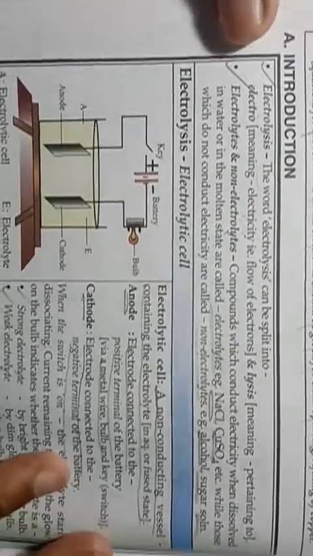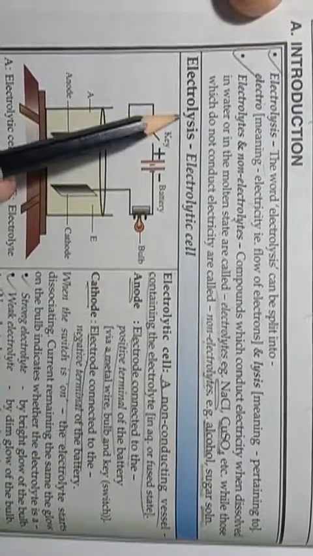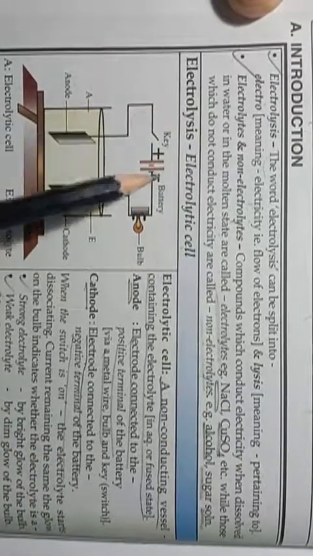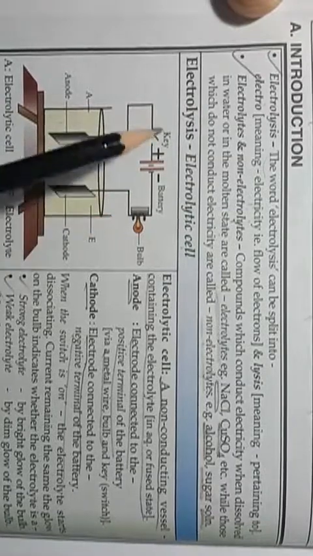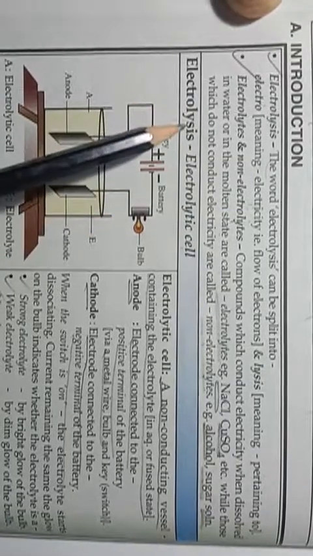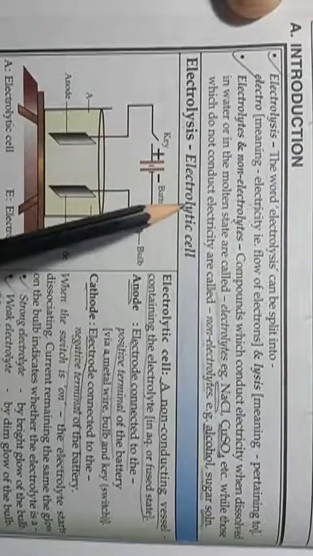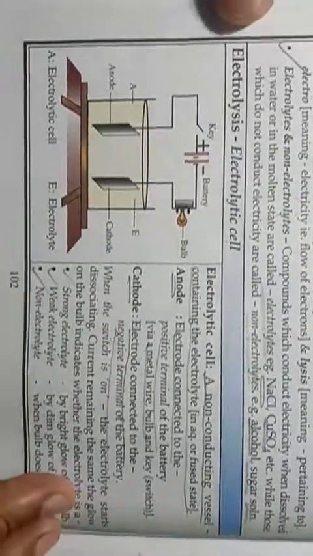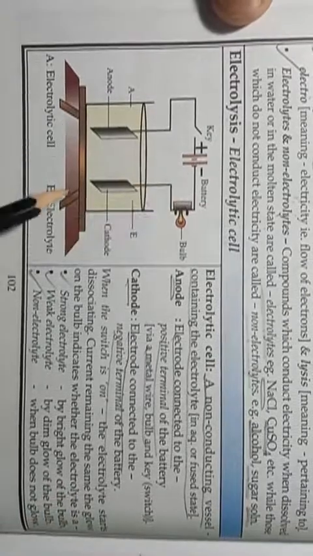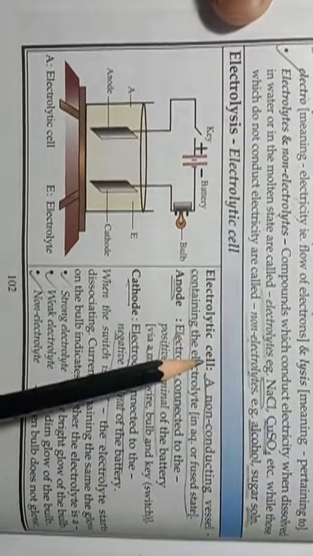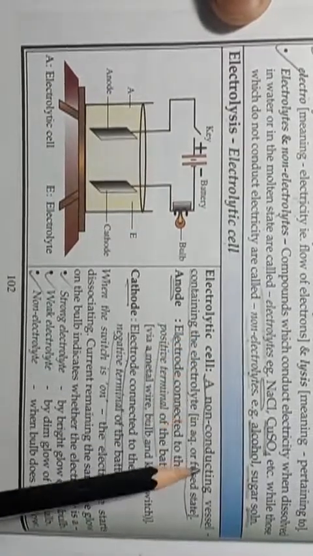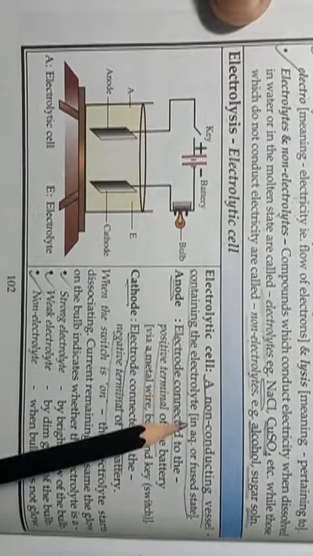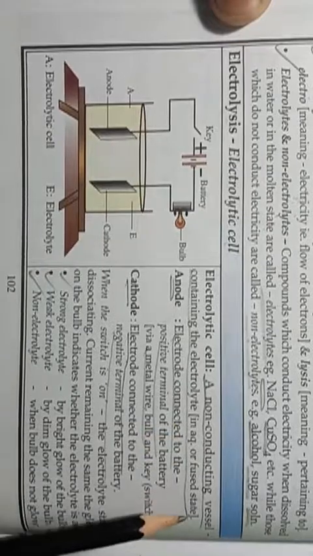The next heading is electrolysis, electrolytic cell. So the apparatus in which the process of electrolysis takes place is known as an electrolytic cell. One electrolytic cell is given here. Electrolytic cell: a non-conducting vessel containing the electrolyte in aqueous or in fused state.